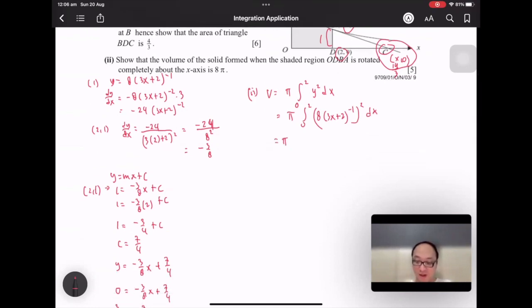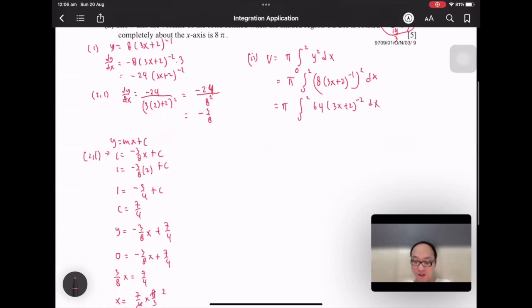So pi integral from 0 to 2 of 64 (3x plus 2) to the power of -2 dx. I will move out the 64. So integral of (3x plus 2)^-2 dx from 0 until 2.